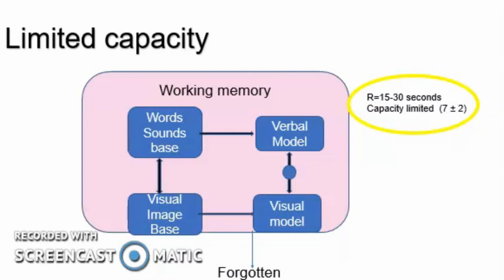So we should design our multimedia instruction in such a way that the working memory is not overwhelmed. We should chunk our information. We should appropriately divide our multimedia lessons into chunks to promote learning and not overwhelm the working memory.